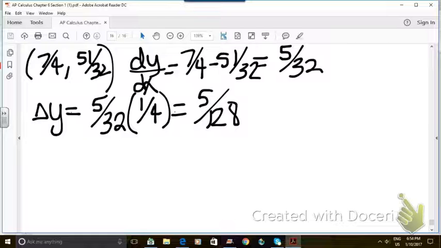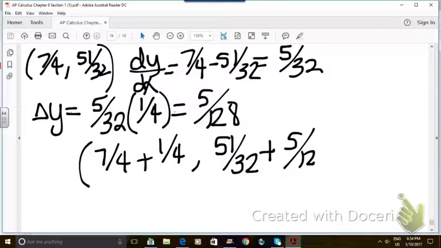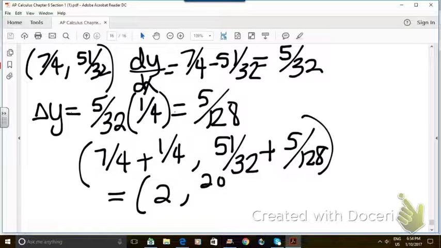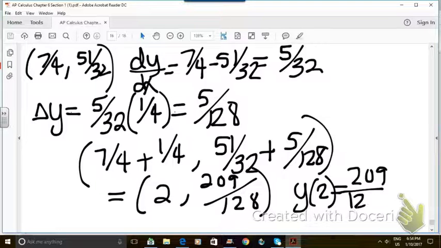My new point is 7/4 plus 1/4 and 51/32 plus 5/128, which equals 2 and 209/128. So my approximation, y of 2 equals 209/128, which is approximately equal to 1.633.